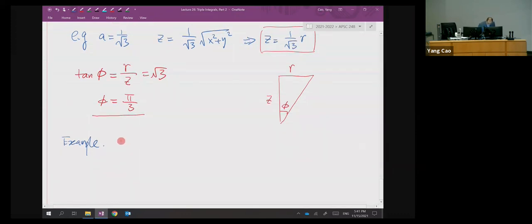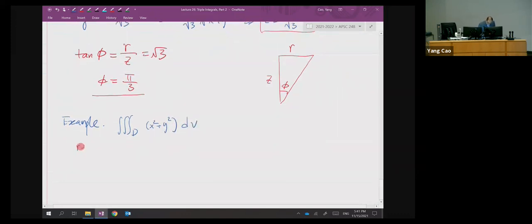Okay. So I'm going to integrate x squared plus y squared over a certain region D. And region D is given by z equal to root x squared plus y squared, and then z equal to 4. Okay.